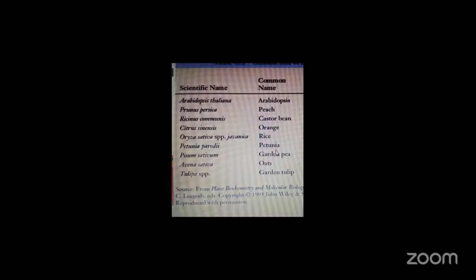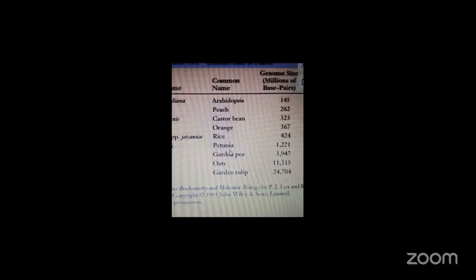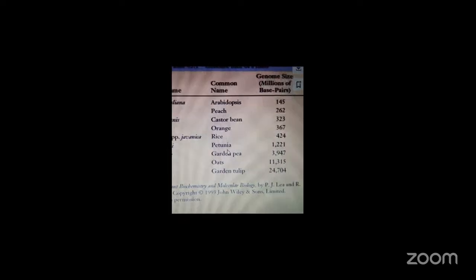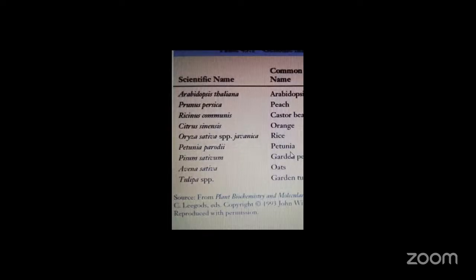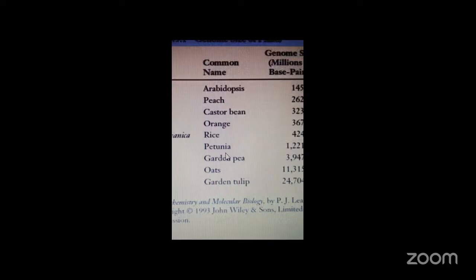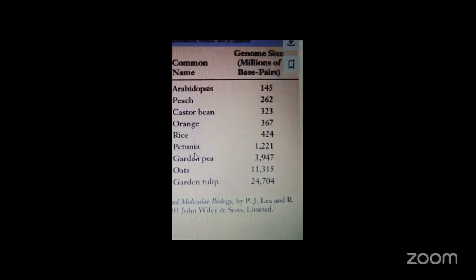So these are some plant species, with the common name, the botanical scientific name, and another column, the genome size in Mbps, million base pairs. How many base pairs are there?